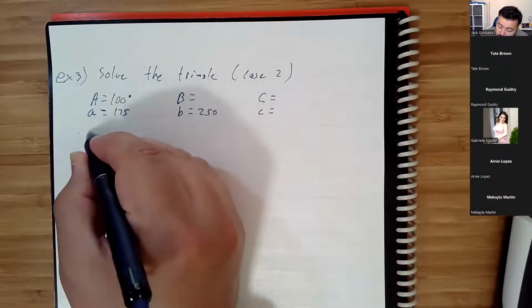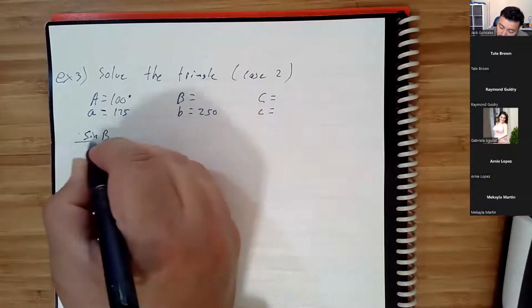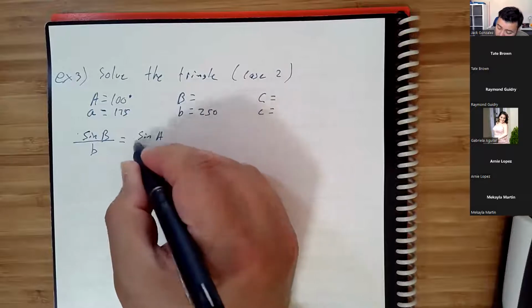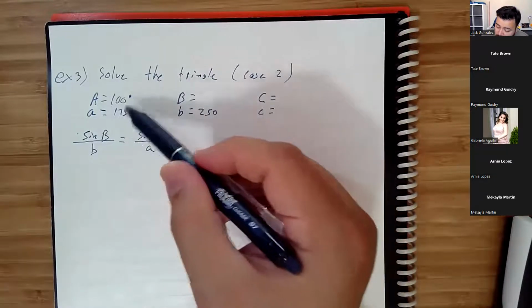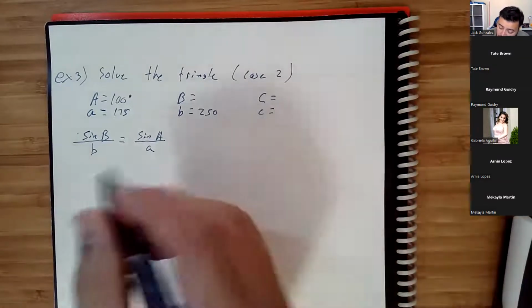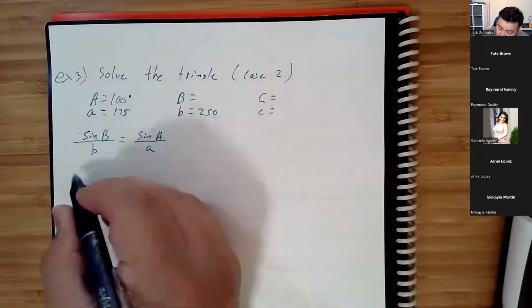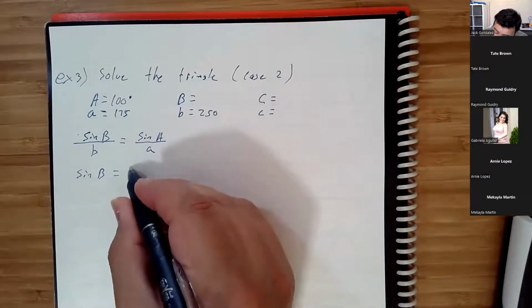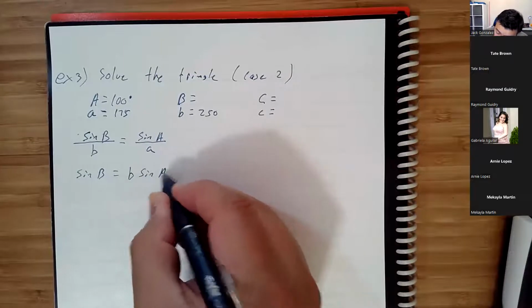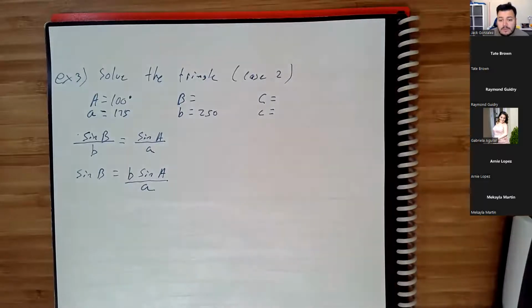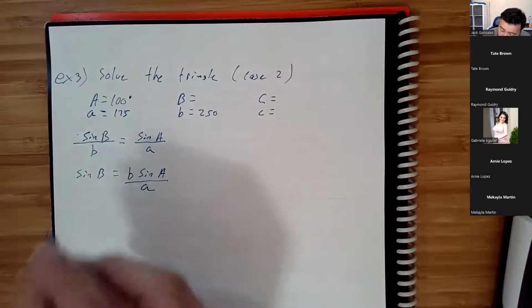So I'm going to use sine B over little b, and set it equal to sine A over little a, because I know these two are given, so I can just use that right away. So solve for B. Multiply both sides by your lowercase b, and then do the inverse of both sides.